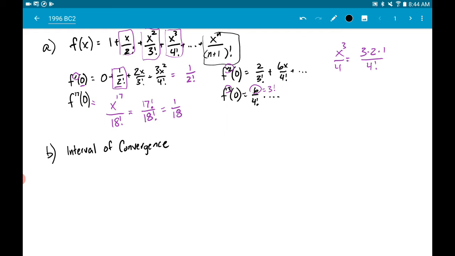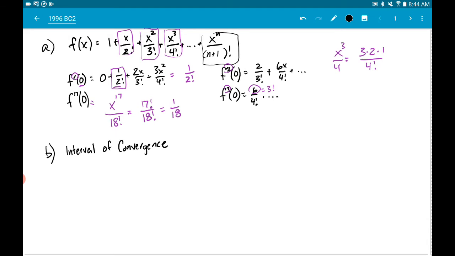So anytime you see interval of convergence, or what values of x does it converge, or the radius of convergence, we've talked about convergence with just a series, I guess, but not necessarily a Taylor series. But you're always going to use the ratio test. Always.